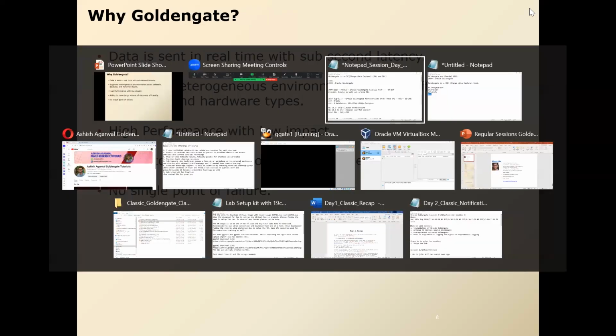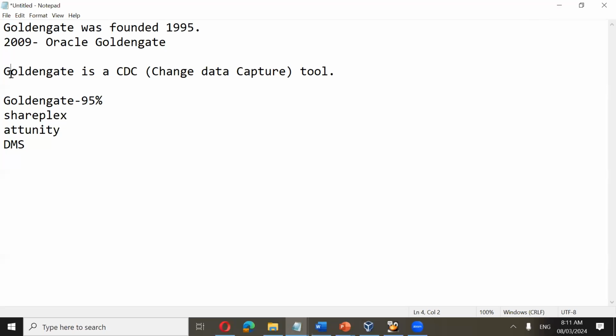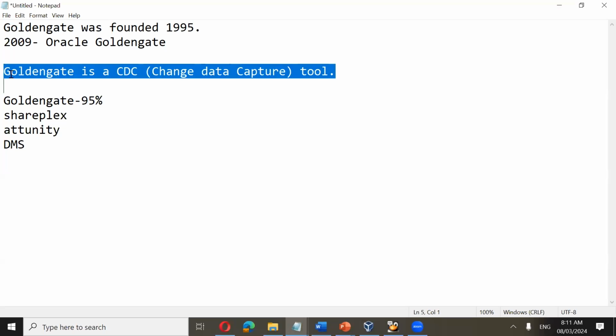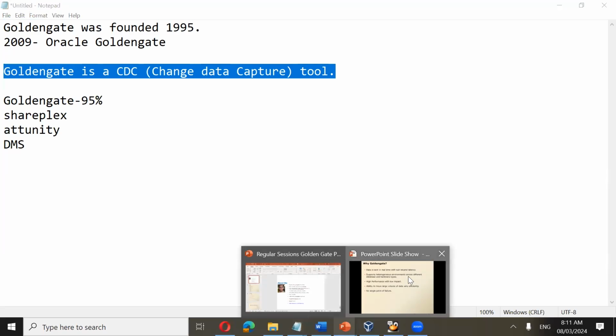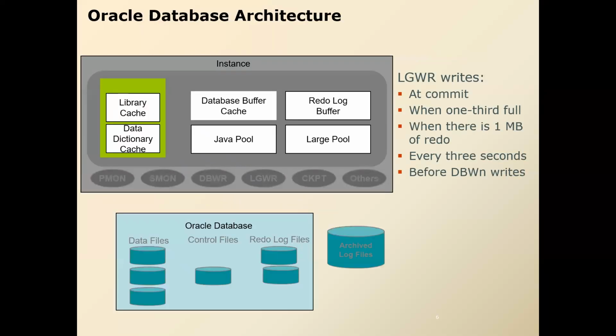So first of all, what is GoldenGate? GoldenGate is a change data capture tool which captures the data changes happening on the source database, and then replicates them on the target database. Another major thing you have to understand is that in a database, redo log files or archive log files contain committed as well as uncommitted transactions.